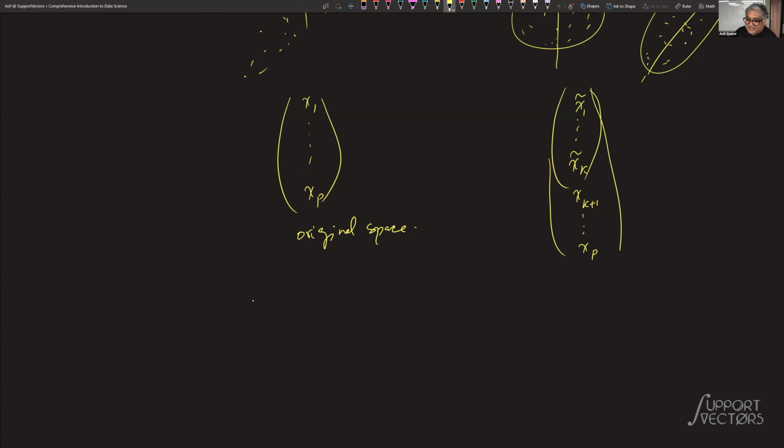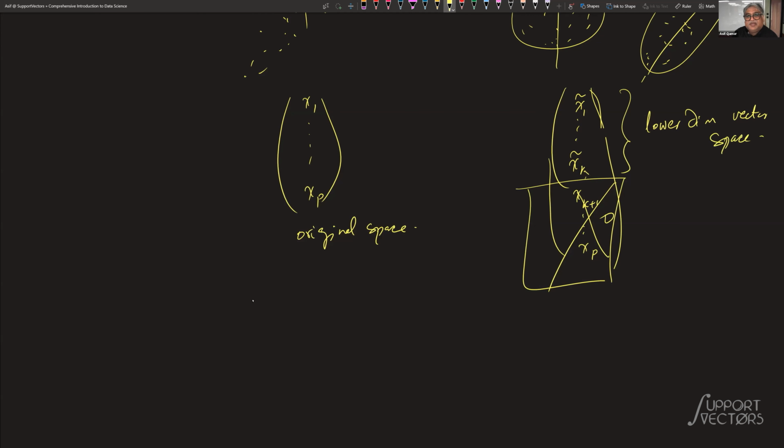You say, hey, you know what? These ones don't matter. Let's set them to 0. So if the coordinates of every point are x1 to xk followed by 0, this part you can ignore. You have a lower dimensional vector space.